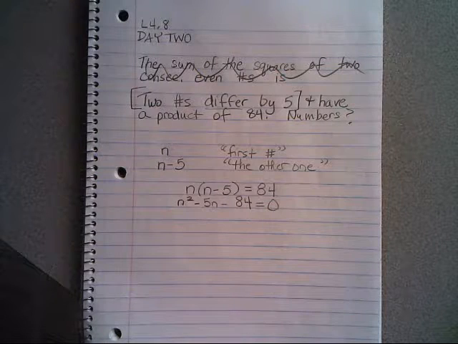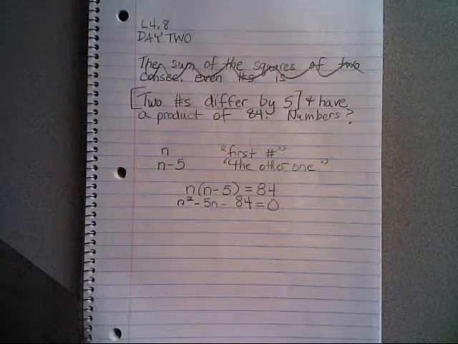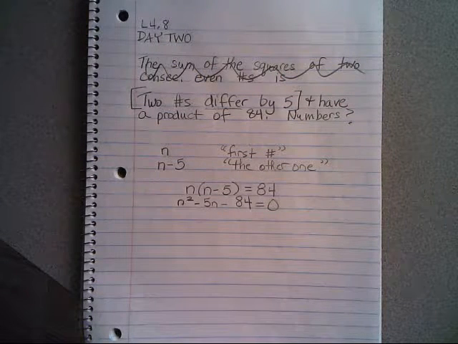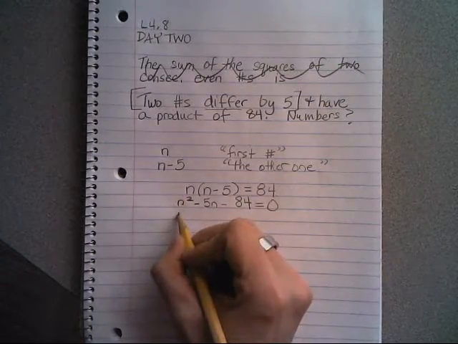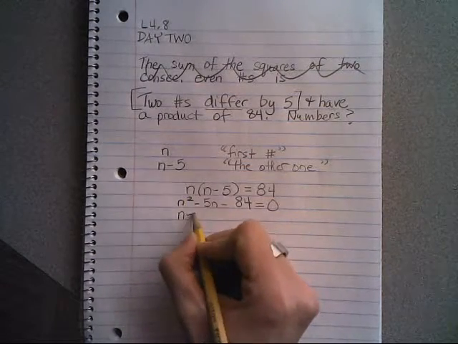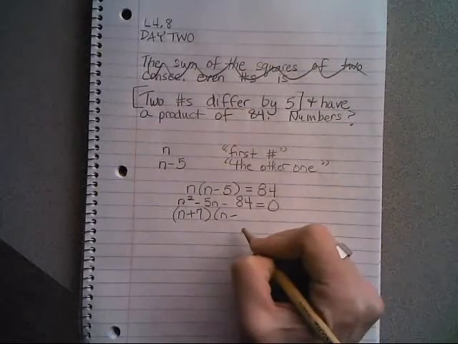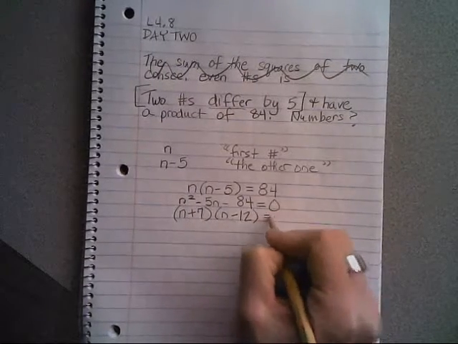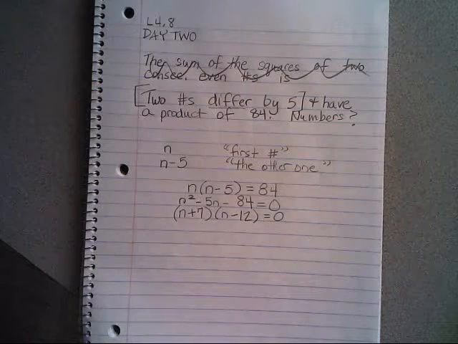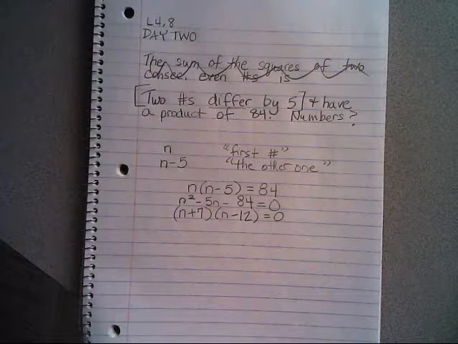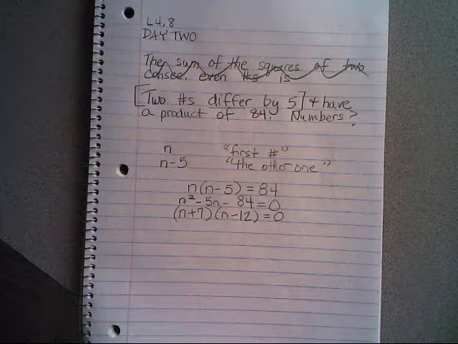Factors of 84 that have a sum of -5. You could figure it out on your own, but for sake of time, it's 7 and -12.